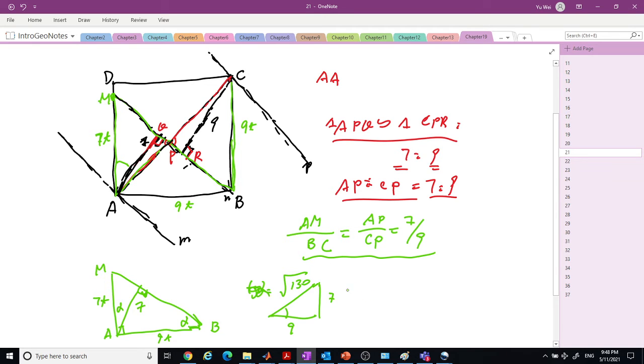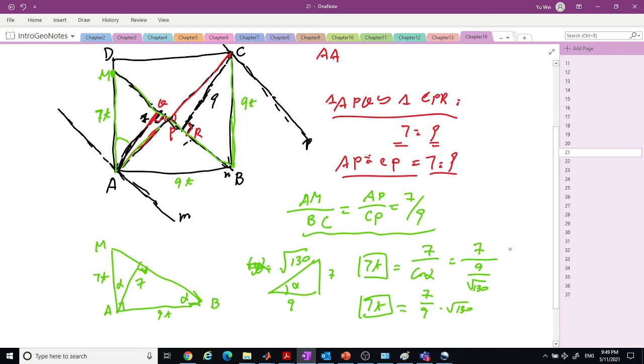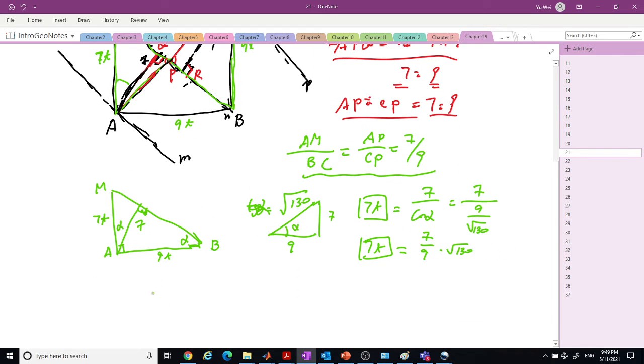So that's why we know that 7t is equal to 7 over cosine alpha, and cosine alpha is 9 over root 130. So now 7t is equal to 7 over 9 times root 130. Right? Okay, you know the 70. Now AB, which is equal to 90, right? Is equal to 7 times the square root of 130.